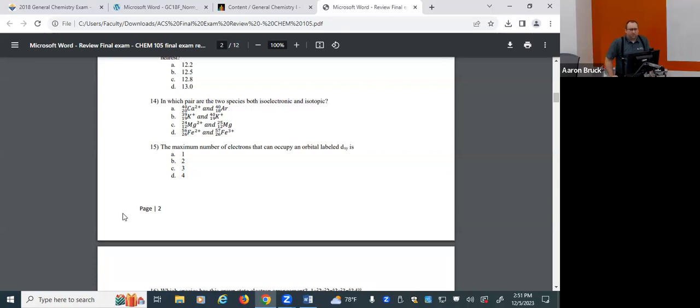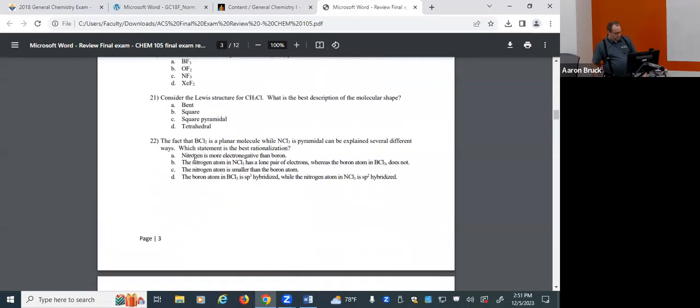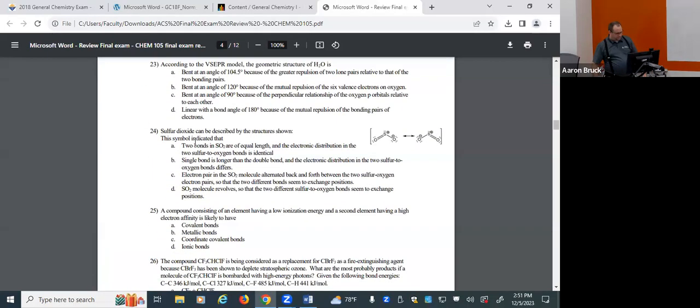Go ahead, Maka. Can you explain 24 on the exam review? Yeah. All right, 24. Sulfur dioxide can be described by the structures shown.